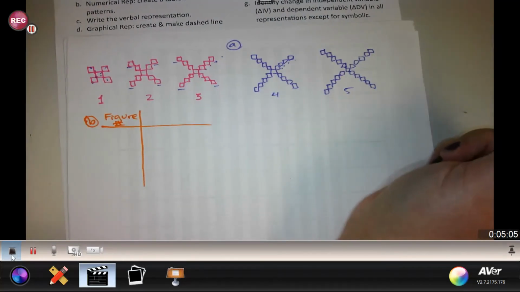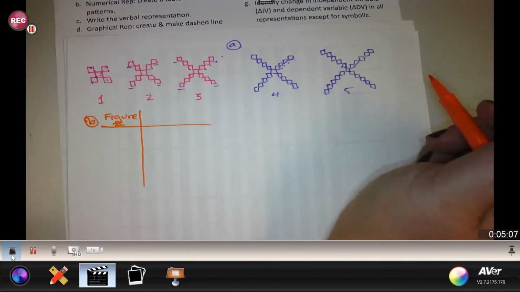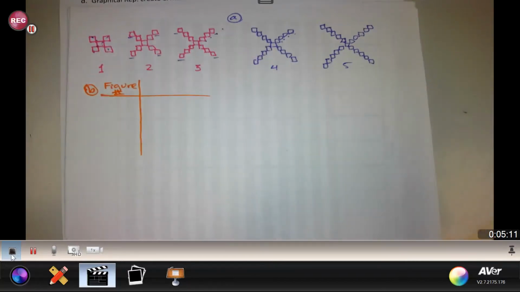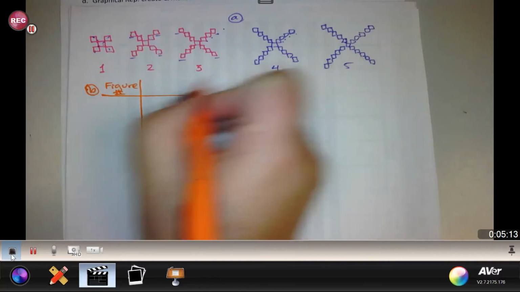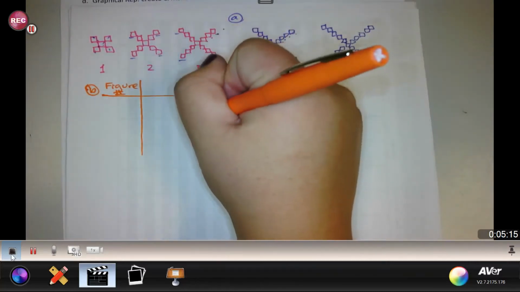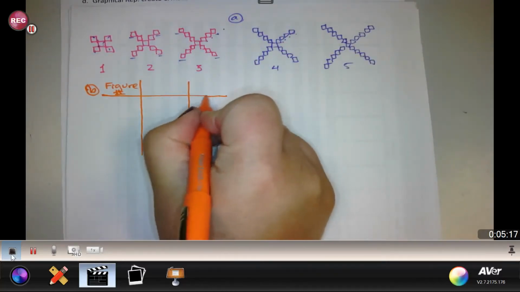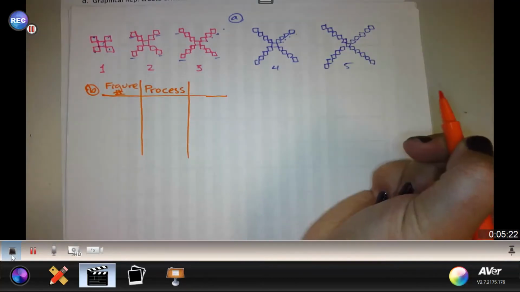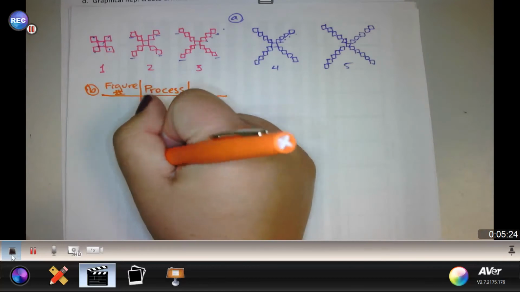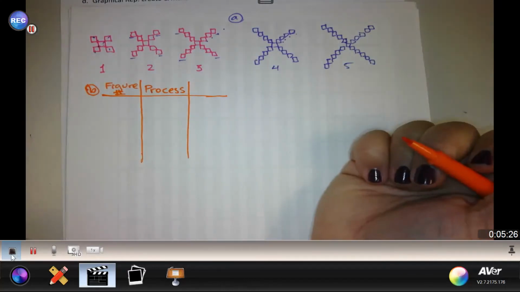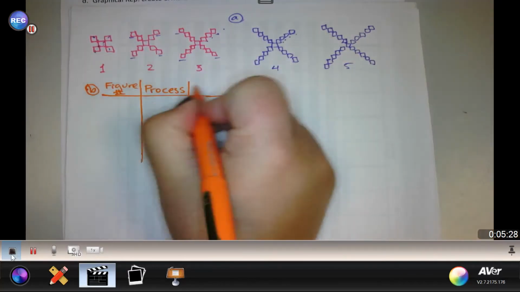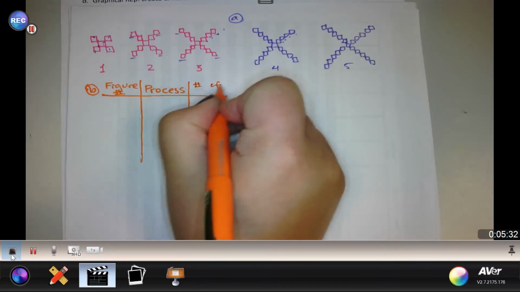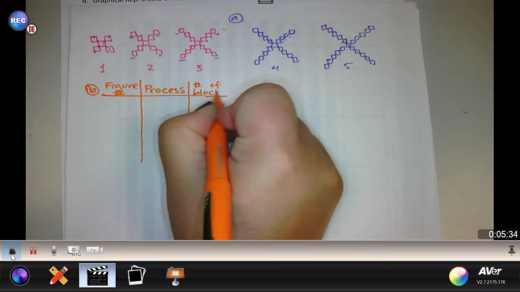It's abstract. It's not related to a specific thing like a garden or a pond. Notice I'm going to leave a column for process in the middle. I might not fill it in right away, but I'm going to want that for when I do my symbolic. And then lastly, this is number of blocks or tiles or whatever it happens to be.